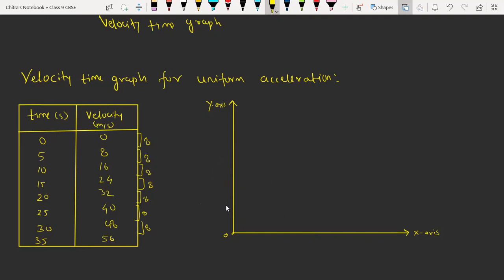It's very difficult to write vertically, no? So in this way, velocity, and here I'm taking time. Time is in second, and velocity is in meter per second. Okay, it is the unit of velocity, and the unit of time is second.